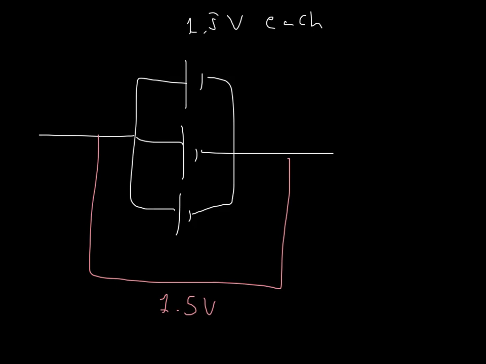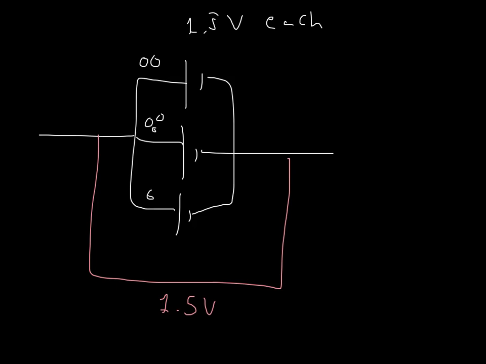Now, so why would we do this, right? We're not gaining any potential difference, so that doesn't seem a very smart thing to do. However, what we are gaining is current. Now, imagine that this one has 2 coulombs going this way, and this one has 3 coulombs going this way, and this one has 1 coulomb going this way.